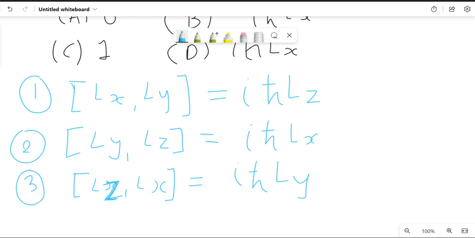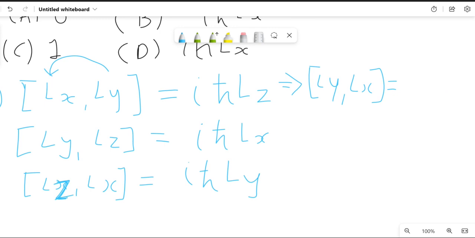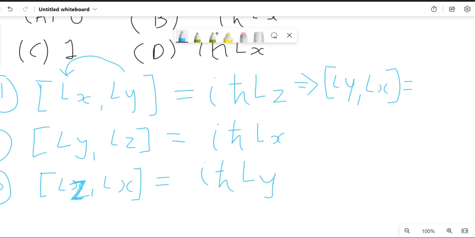If you change the sequence, then there will be a minus sign. That means if I write Ly, Lx, then it will be minus i h cut Lz.